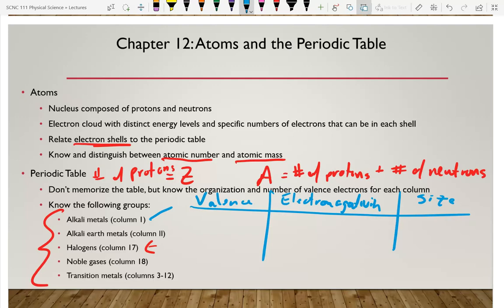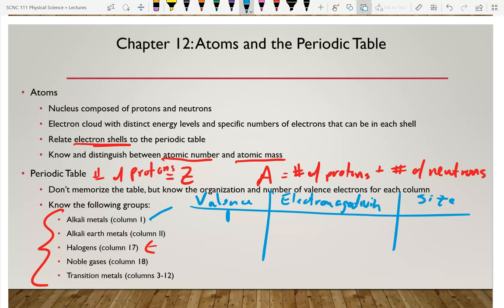They have 1 valence electron, and they tend to lose that easily because when you have a complete shell, that's really stable. If you're one away from a complete shell, it either will want to grab the extra electron to reach complete shell or be happy to give up that electron that's extra beyond the complete shell. So the first column has 1 extra beyond the complete shell, so it's happy to give it up.